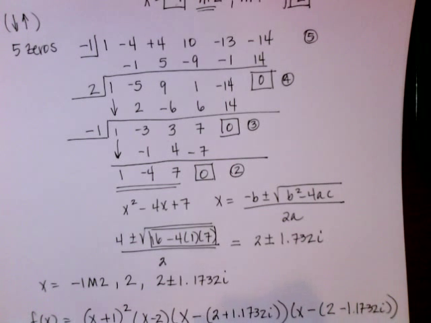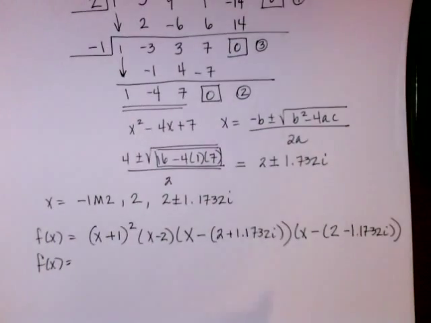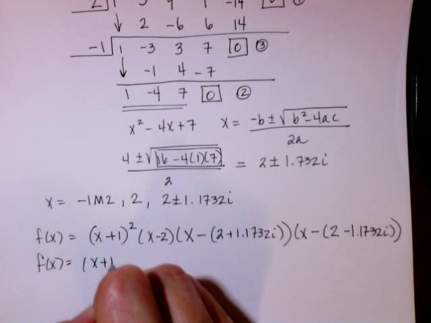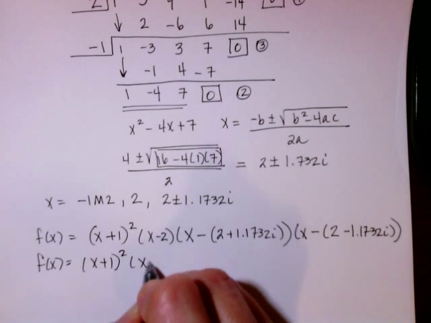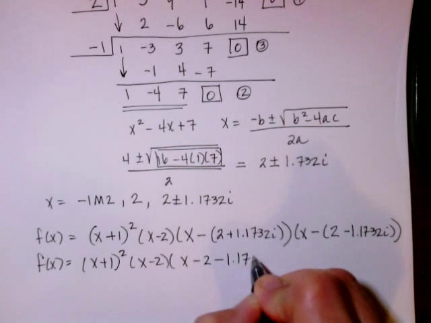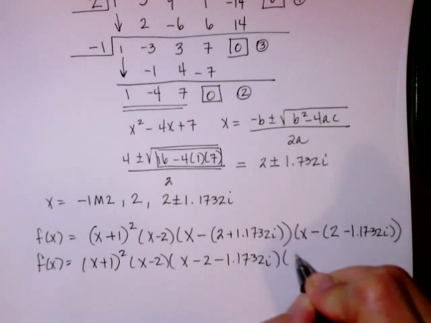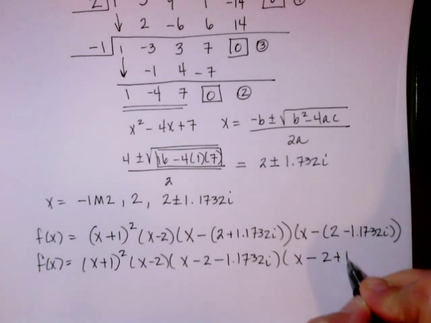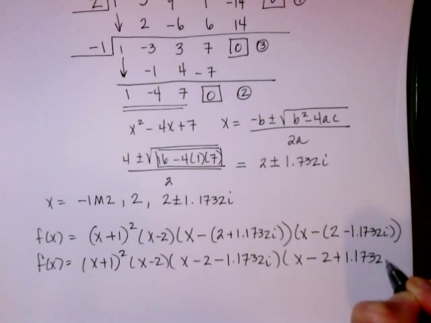I always want to simplify my signs, so this becomes x plus 1 squared times x minus 2, and then x minus 2 minus 1.732i, and x minus 2 plus 1.732i.